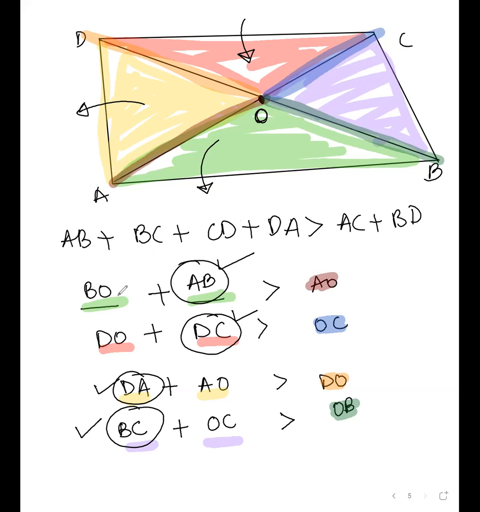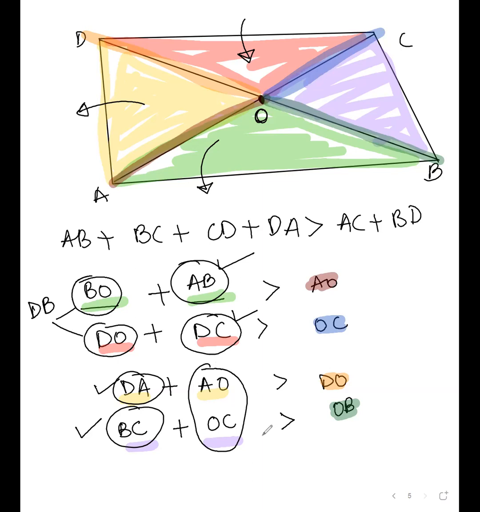Now we have BO, DO. So Hiba, what is BO plus DO? I think it will be DB. Very good. So BO plus DO will be DB. Then AO plus OC will be AC.